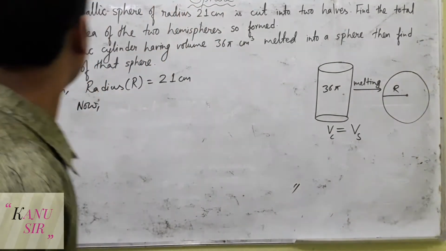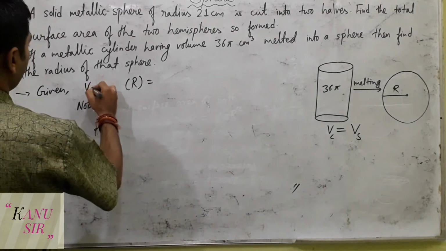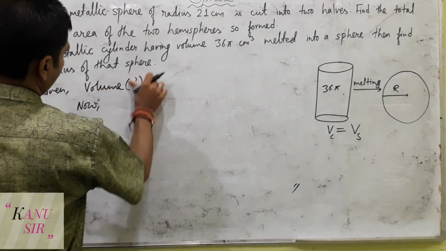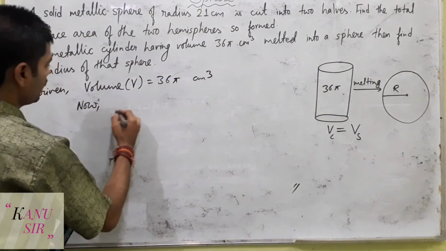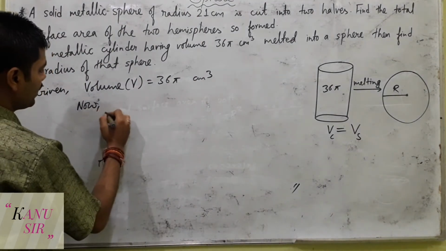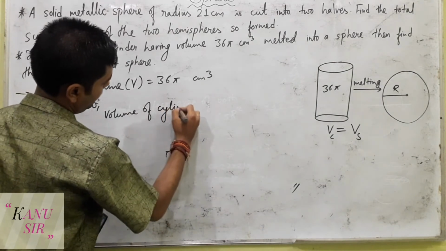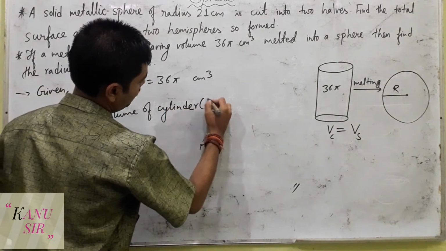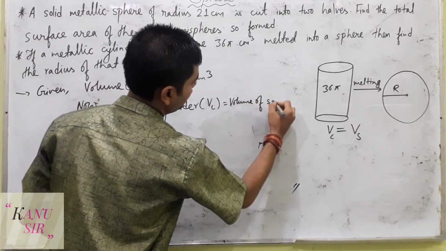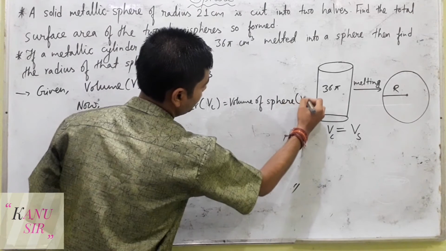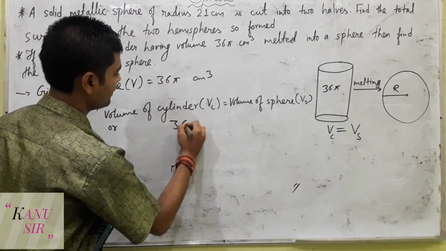The volume is given here, V is 36 pi centimeter cube. Then directly we can write volume of cylinder Vc is equal to volume of sphere Vs, where Vc is given as 36 pi.